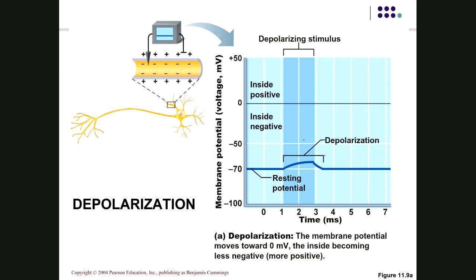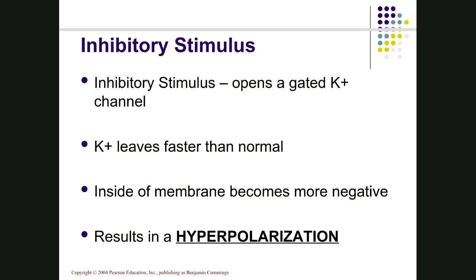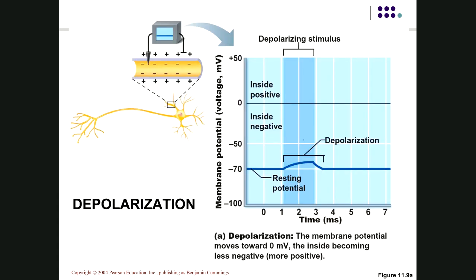So if we look at this, here's our stimulus right here. That's an excitatory stimulus. And that excitatory stimulus, remember, is going to open gated sodium channels. So sodium's going to go in. When sodium goes in, my graph's going to move in this direction. And if I move in this direction, that's called a depolarization.